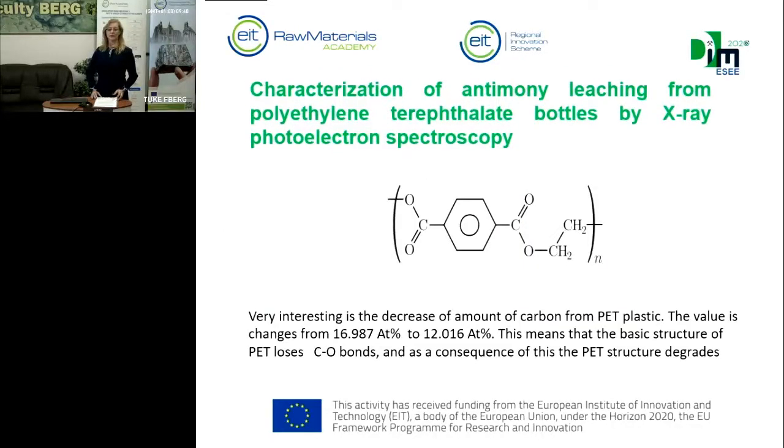Very interesting is the decrease of the amount of carbon from polyethylene terephthalate plastic. The value changes, and it means that the basic structure of polyethylene terephthalate loses carbon-oxygen bonds, and as a consequence of this, the polyethylene terephthalate structure degrades.